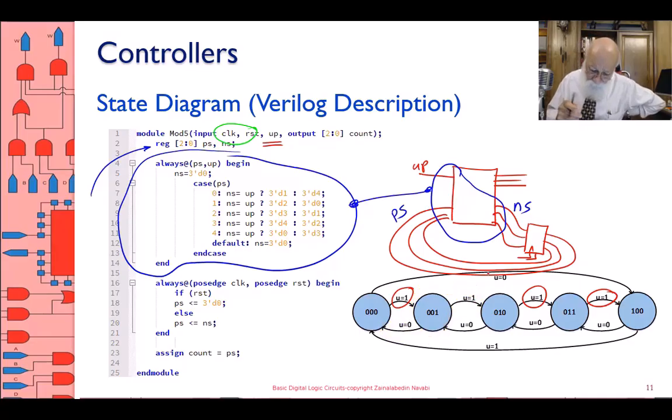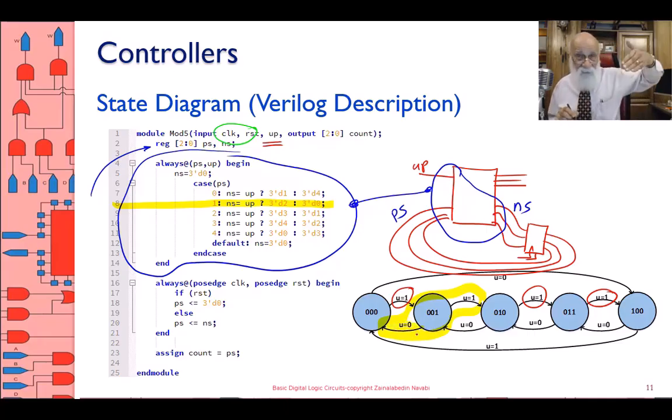If up is 0, which is line 8, the up input, then the next state becomes 0. If up is 0, the next state goes from 001 to 000. If up is 1, it means you're counting up.